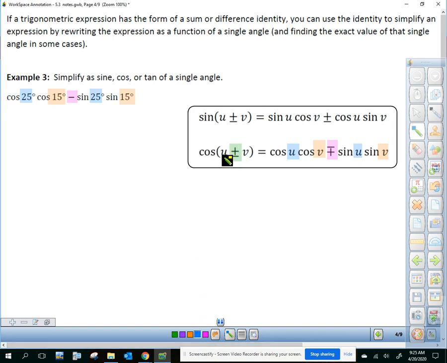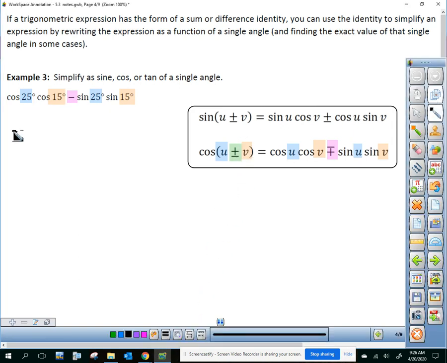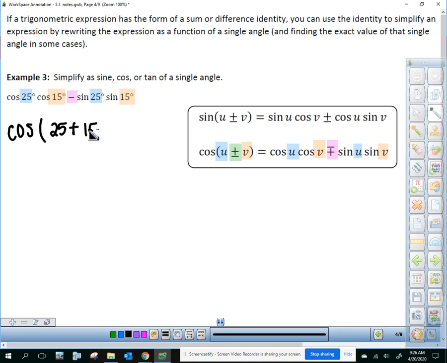And again, the 25 is the u and the 15 is the v. So when we condense this, it'll be cosine, and u is 25, the opposite is plus, and then v is 15. Then you can actually do that addition. So this is 40.